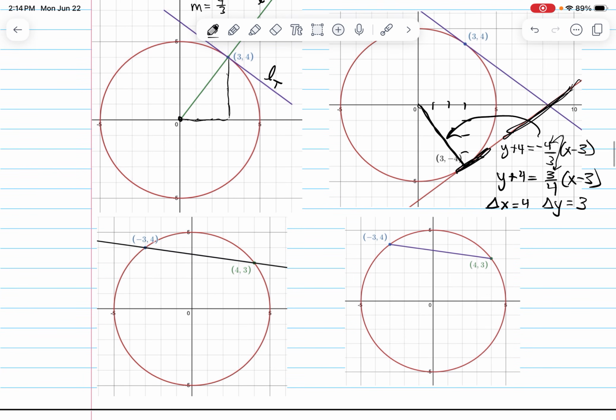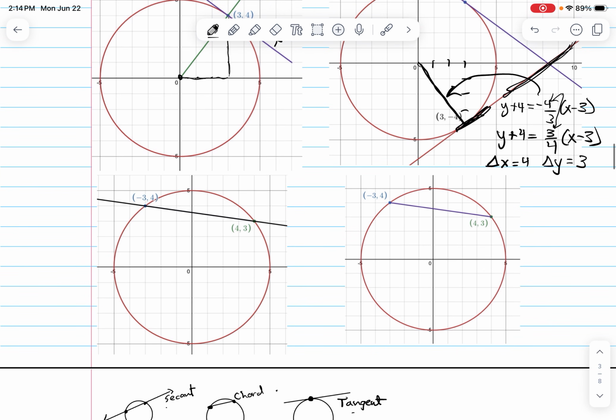Okay, now let's explore this a minute. So let's suppose that I want to get the equation for this secant line right here. I want to get the equation for this secant line. Okay, so here's what I want to do. I want to say, okay, let's see what happens here. I'm going to go over 1, 2, 3, 4, 5, 6, 7.